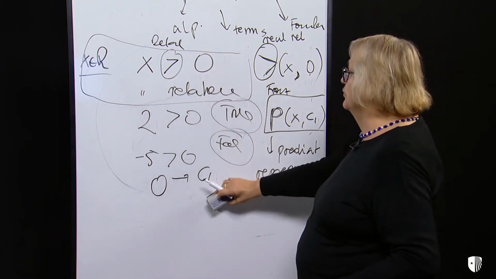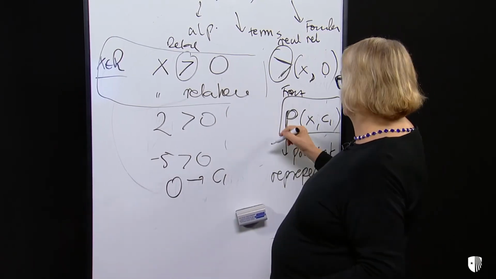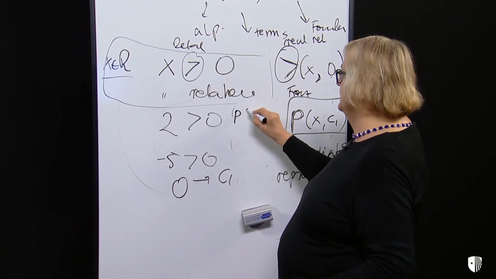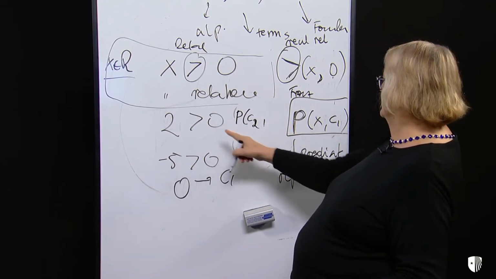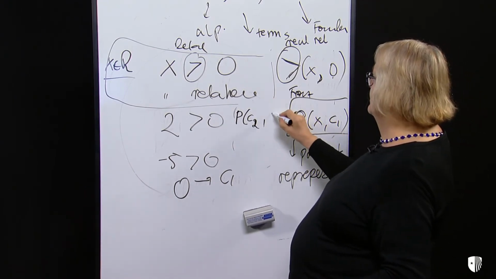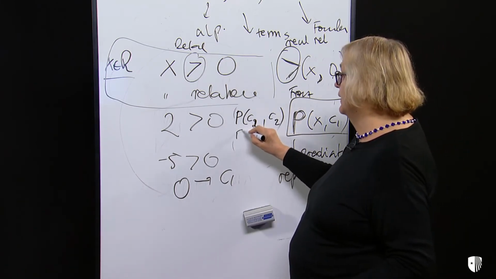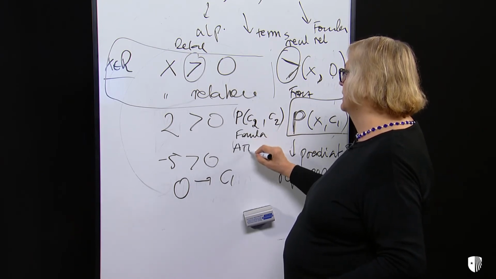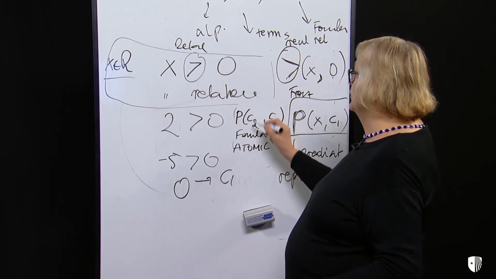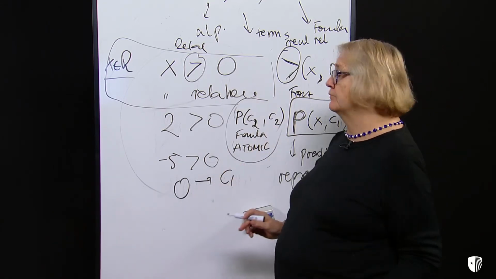If you want to represent this in logic, that would be P, and this is one constant. Because I represented 0 by C1, that would be a formula, and that would be called an atomic formula in predicate logic because it's like the smallest possible formula.